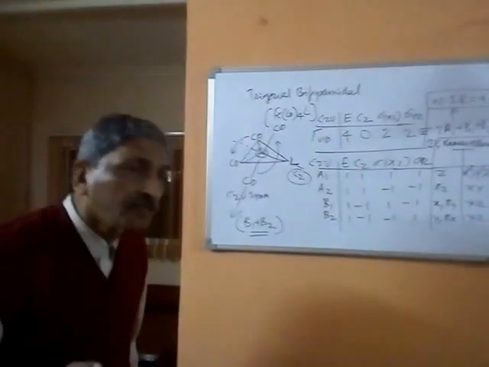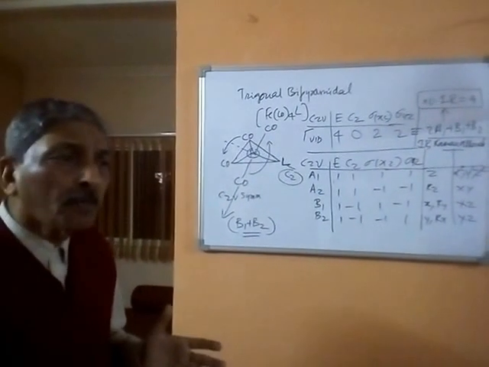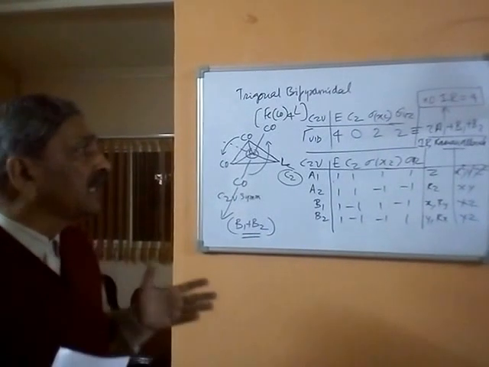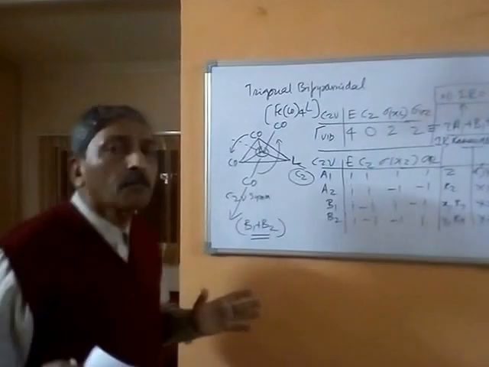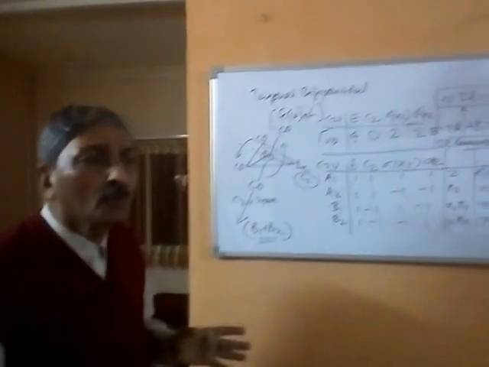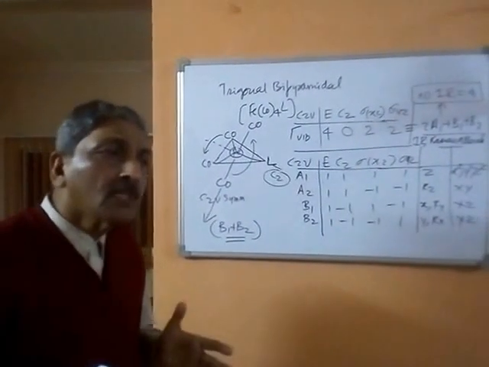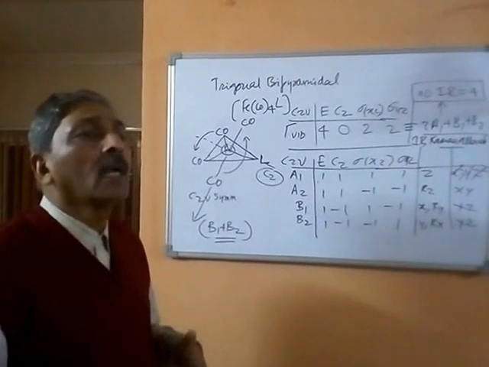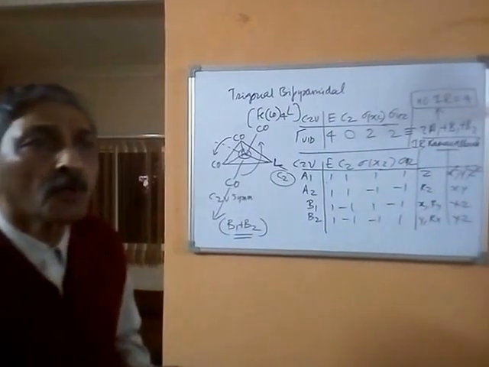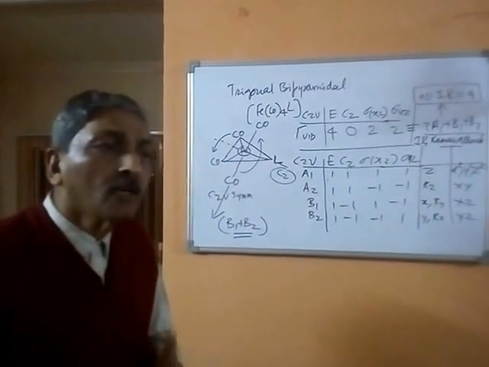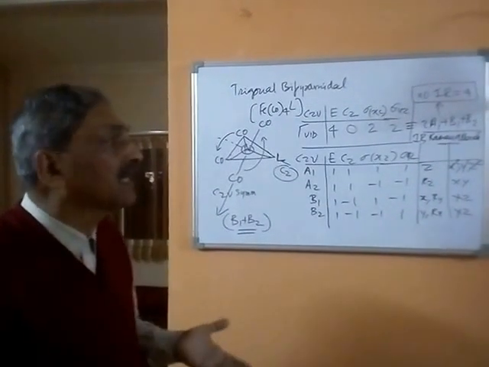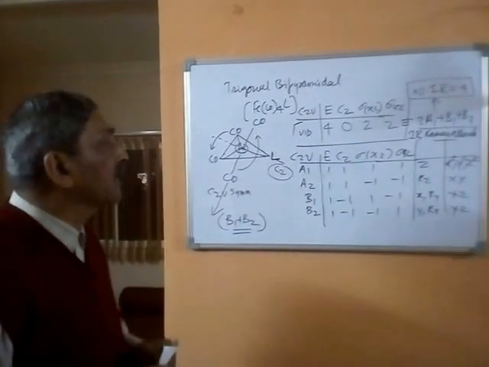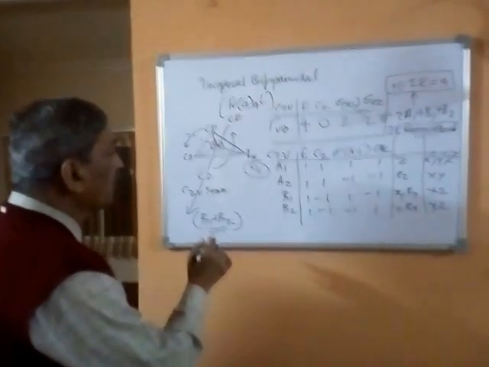Now, if you recall, if you have a combination band, the rule is that you have to take the direct product of B1 with B2, find out the reducible representation and break it down into irreducible components, and then if that irreducible component matches with a unit vector, then we know that it is IR allowed. So this is where the same way we have to figure it out.